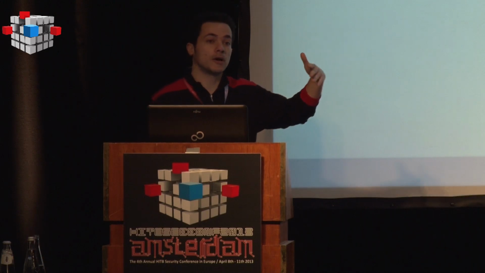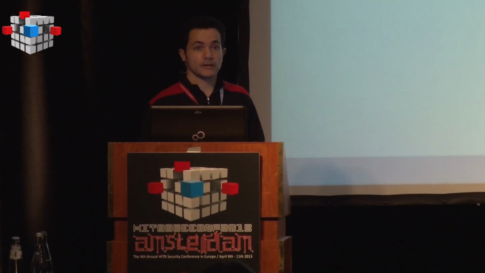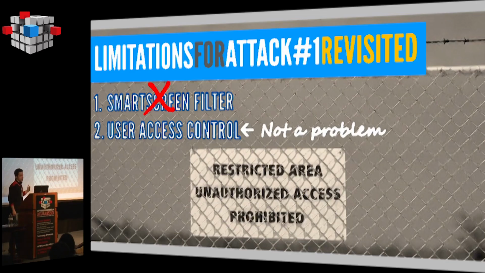Of course, the answer is no. Just think about Zeus or Carberp, which are malware running completely in userland mode. They do content injection, keystroke sniffing, and so on. So at the end of the day, SmartScreen filter is not a problem, and User Account Control is not a problem. And so using this kind of attack, you can get almost arbitrary code execution.